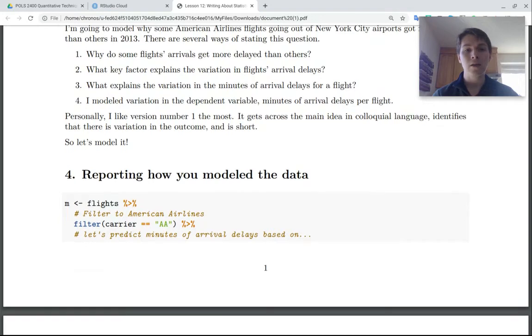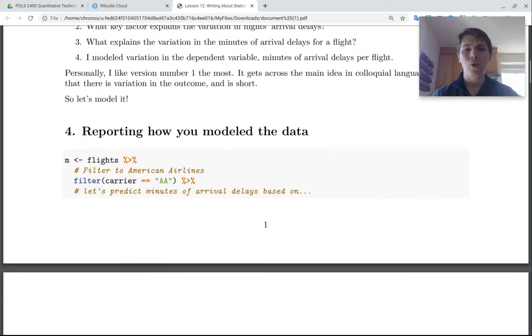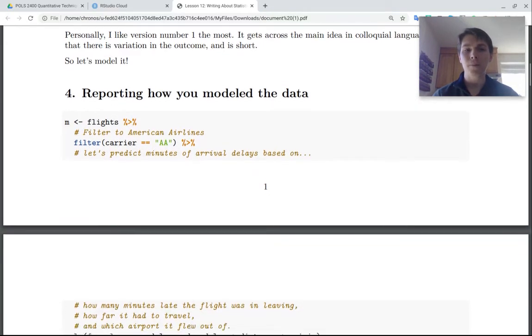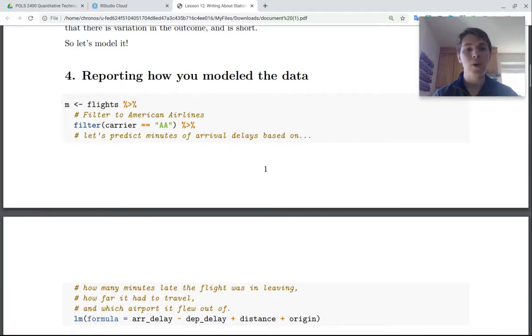So now we've stated the question. How do we then start reporting how we modeled the data? So let's say we ran a model, and we're just going to look at flights run by American Airlines.